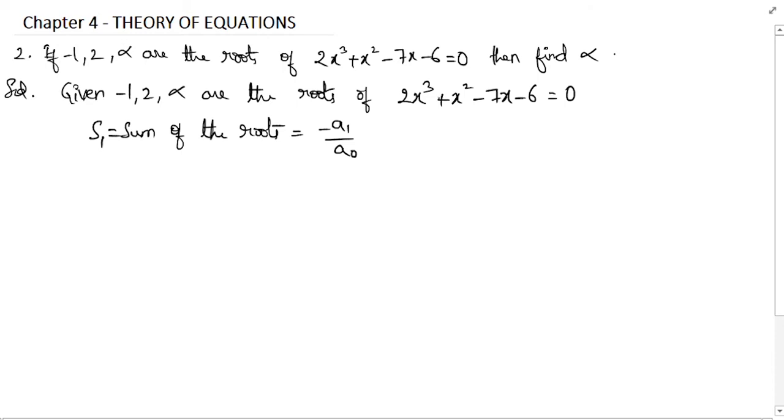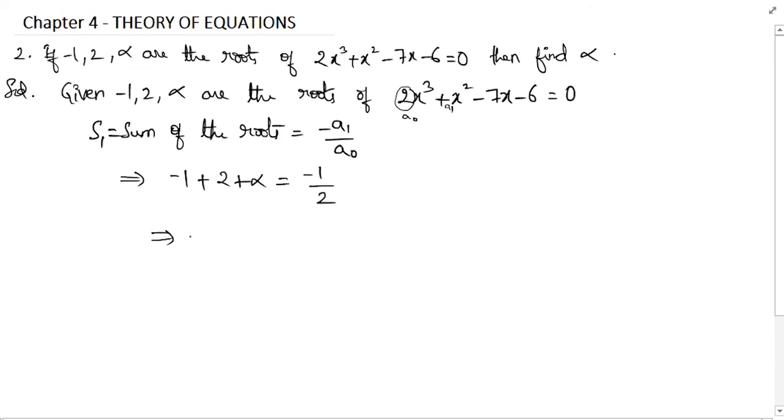So here this is our A1 and this is A0. Okay, so that implies minus 1 plus 2 plus alpha is equal to minus 1 by 2.